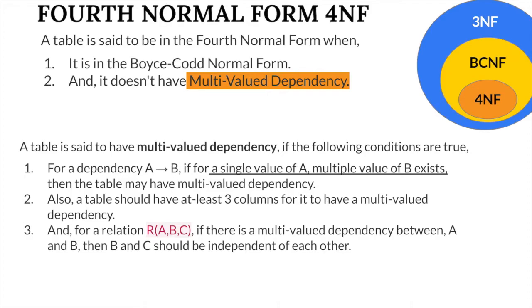And then yung last condition ay if we have a relation with at least A and B and C as parts of the attribute, if there is a multivalued dependency between A and B, then B and C should be independent of each other. So, if satisfied yung definition ng multivalued dependency, then it is not in fourth normal form. However, of course, we can also have a way how to deal with Boyce-Codd normal form na hindi pa fourth normal form.